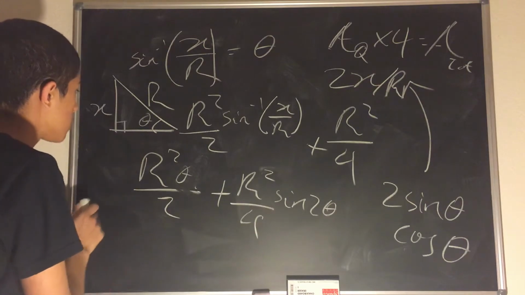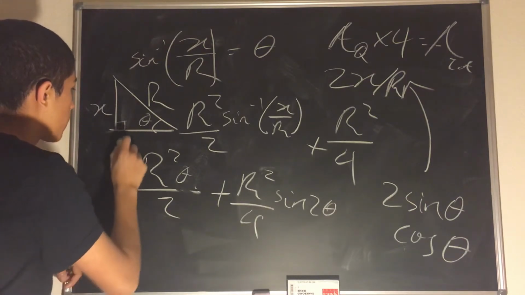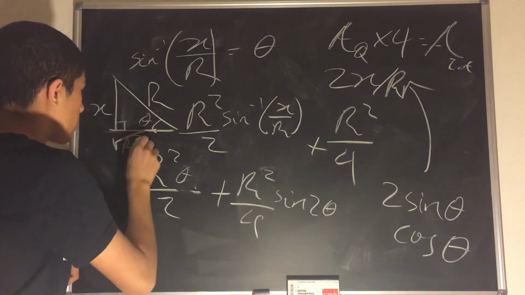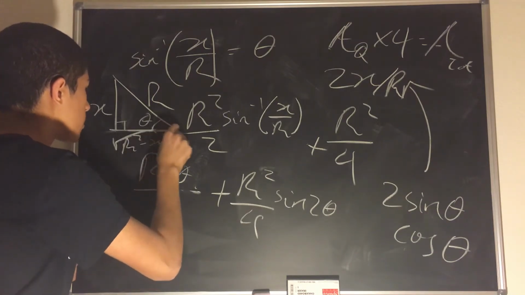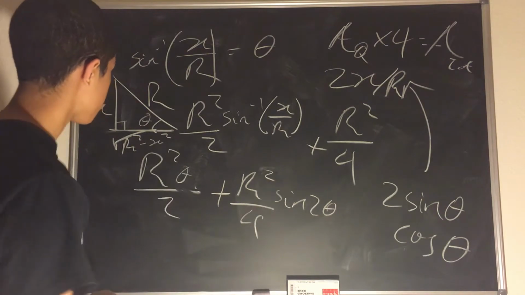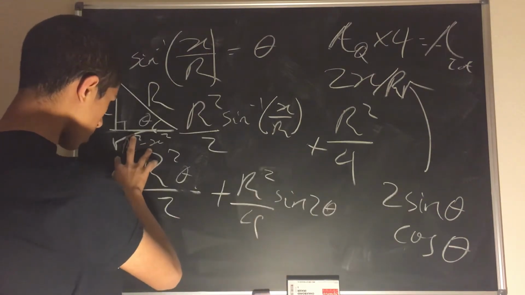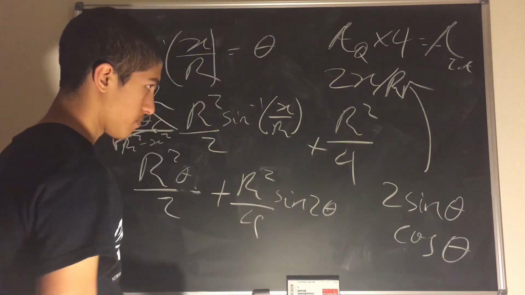This is a right triangle, so the remaining leg is the square root of r squared minus x squared, because of the Pythagorean theorem. So the cosine of theta is going to equal root r squared minus x squared divided by r.